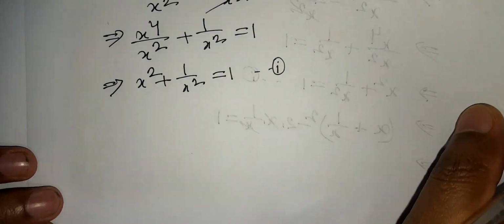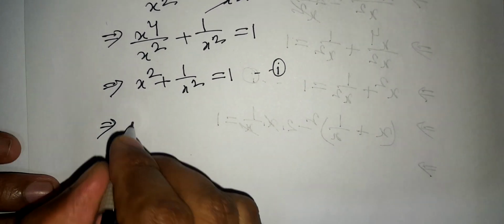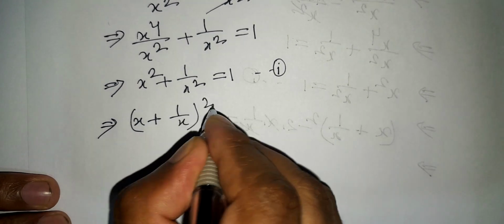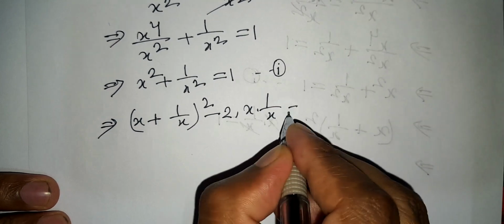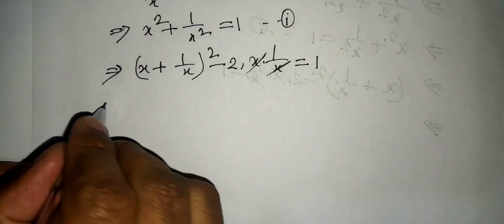Equation number 1. Then we can write from this x plus 1 by x whole square minus 2 into x into 1 by x is equal to 1. x cancels.